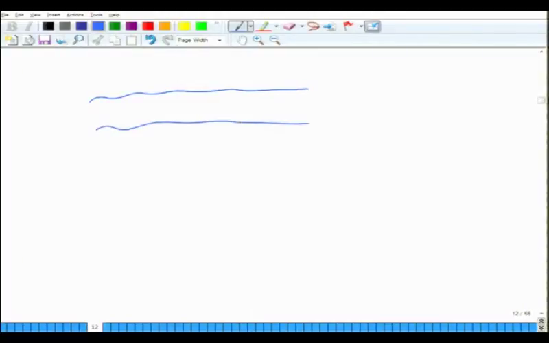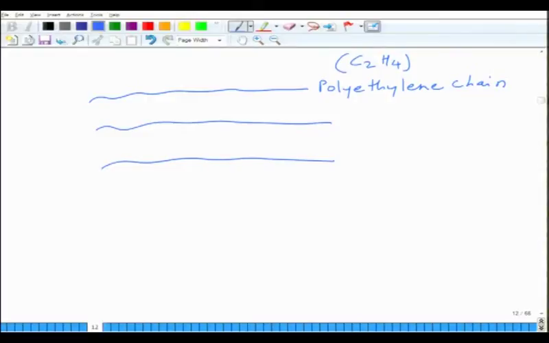Then the second type, you have present, for example, in polymers, these polymer chains. Okay. So, let us say these are all polyethylene chains. Okay. So, basically C2H4 n. So, these chains are all covalently bonded. So, within the chain you have covalent bonding, but between the chains the interaction is van der Waals.